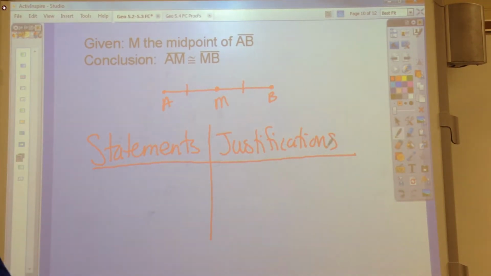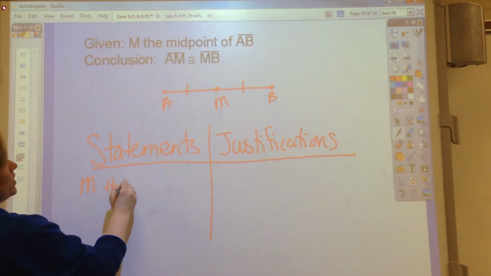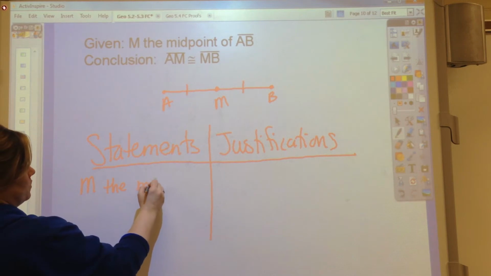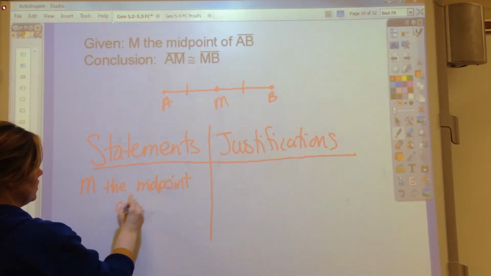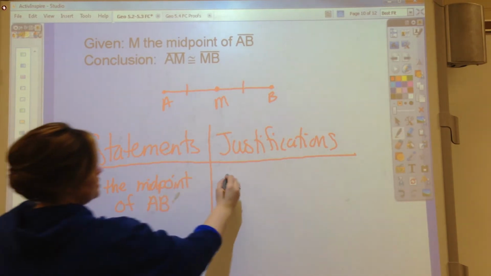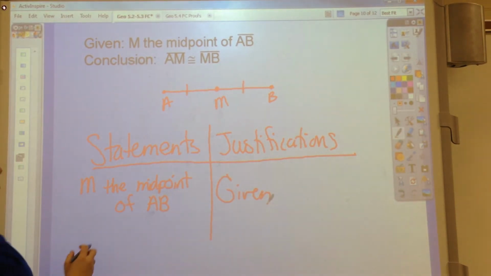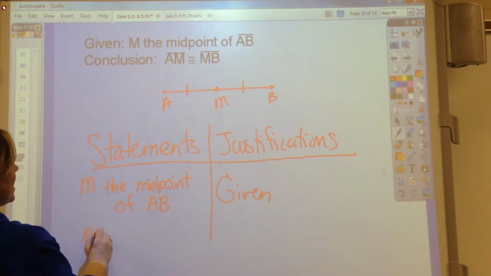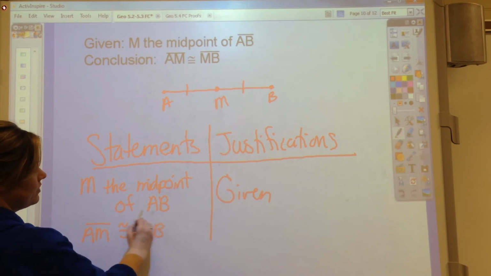So in our proof, we're going to start with M is the midpoint of AB. And we know that because it is given. I can jump to my conclusion that AM is congruent to MB. Did you find it yet?